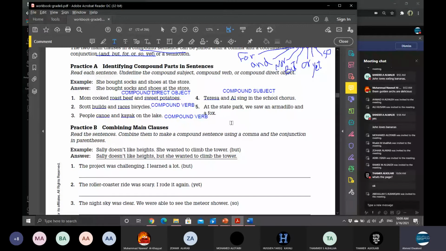If you don't have a mic, you can type in the chat. Okay, Tamer has a problem.